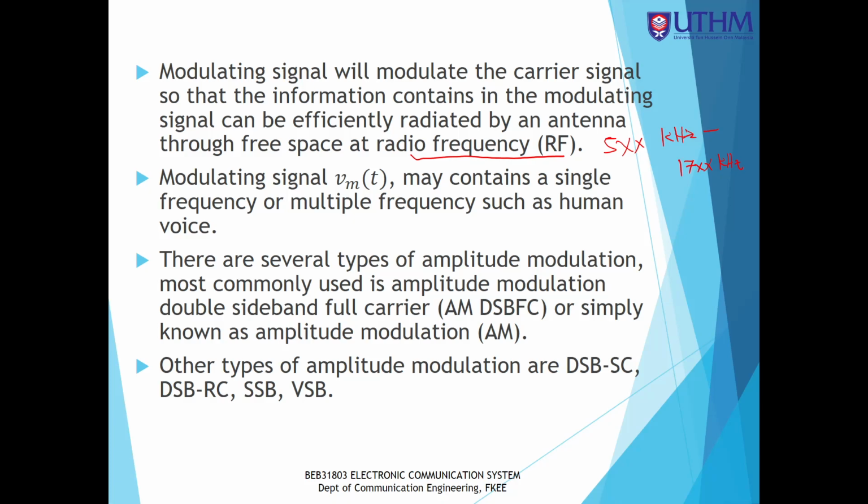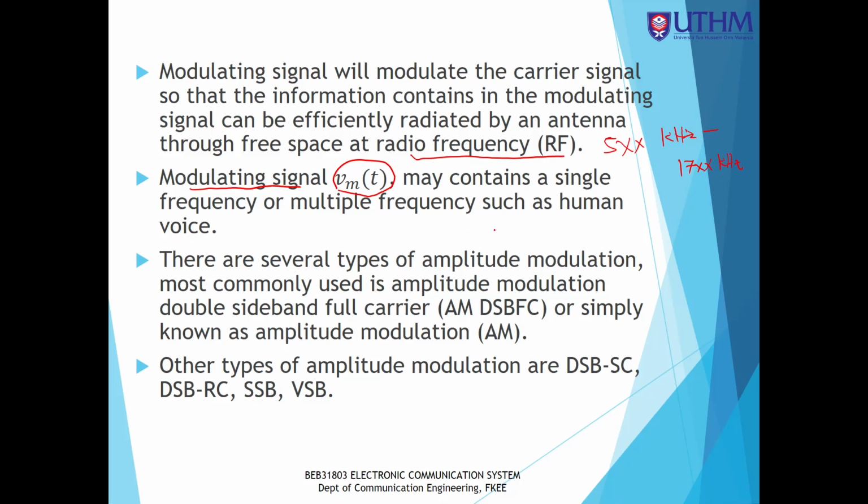Okay, so the modulating signal v(t). We give the parameter of the input or the modulating signal as v(t). So v(t) is a function of time. This is a function, not a constant. You see that this is a small letter v, so this is referring to a function.